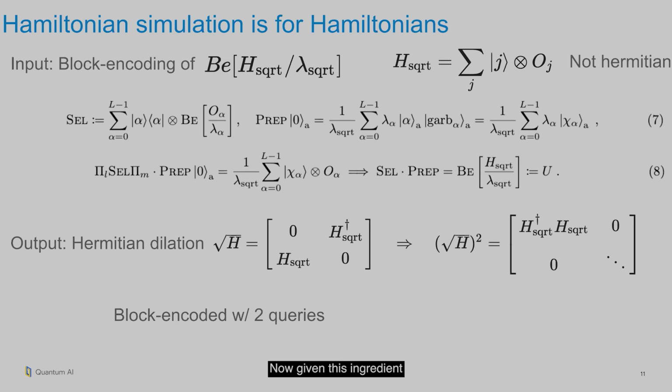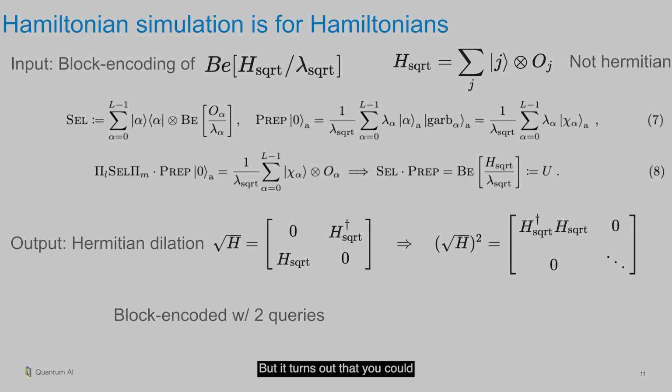Then, given this ingredient, the block encoding of the square root, there's a way to define a Hermitian matrix, that's square root H, which satisfies this property of being a square root of the original H. This Hermitian dilation is a Hermitian matrix. So if you can block encode square root H, you can apply qubitization to make a quantum walk. You can plug in the phase estimation, and that's all done. So this is how you could do it in principle.